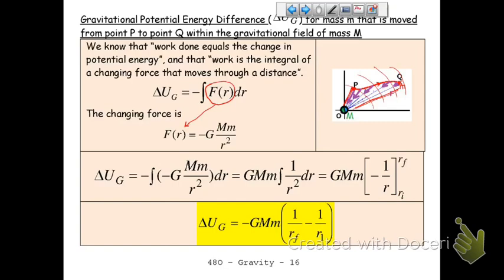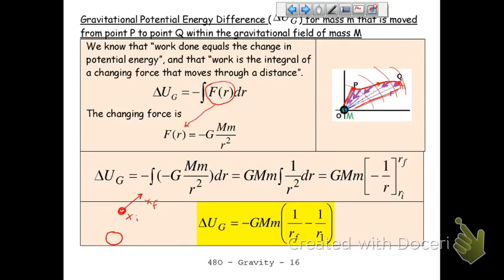Okay, so there we have it. r_f is your final displacement, r_i is your initial displacement. Let's play with this a little bit. So here's the planet, and here's my object. This is my initial, and there's my final. I'm going to take this mass and move it like that.